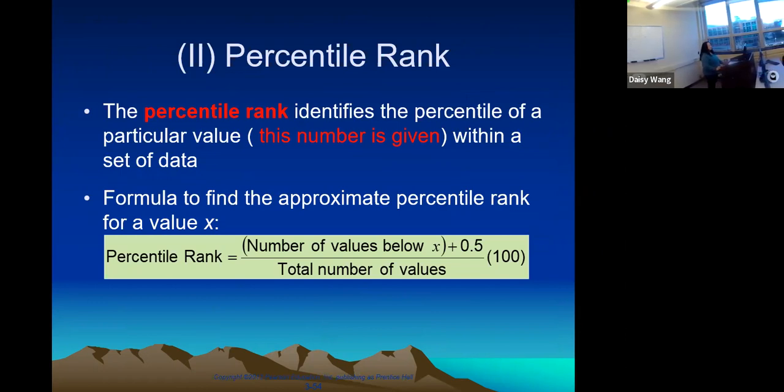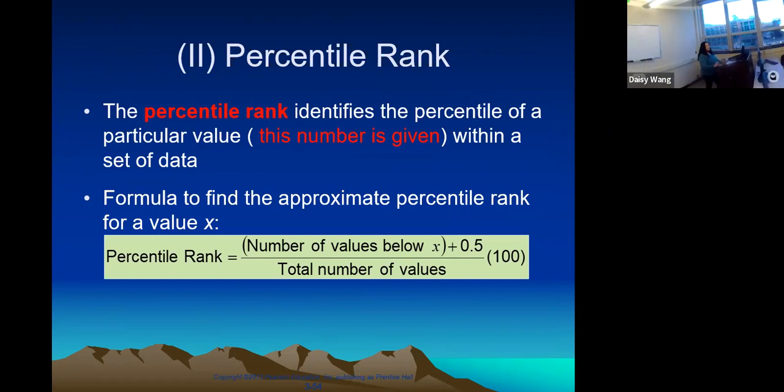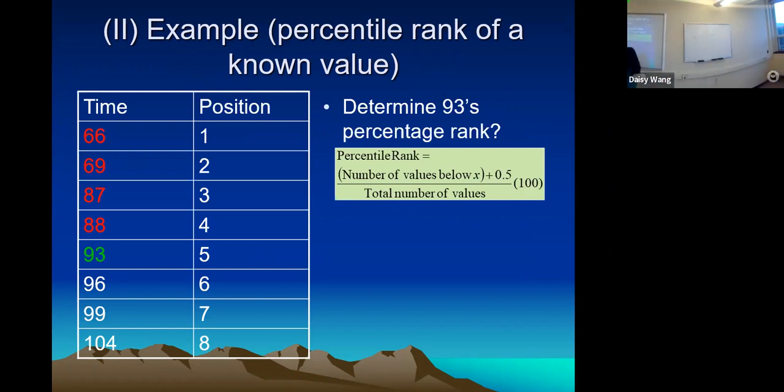So to calculate it backward, if we want to calculate the rank, we use the total number of values, the sample size, and then how many values are below, plus 0.5. One example here: we want to decide what is the percentile rank of 93. 93 is the 5th one, so how many numbers below this number? 4, right?